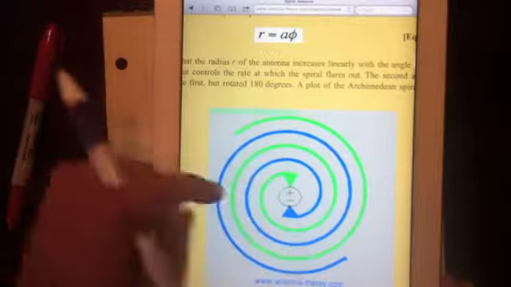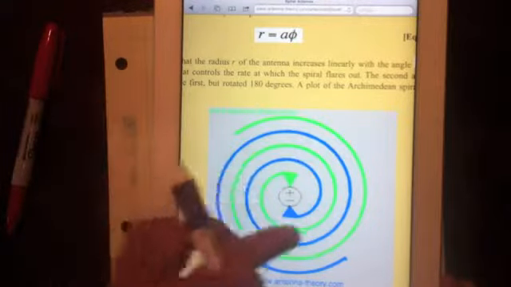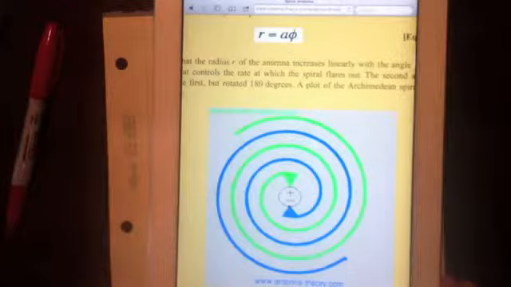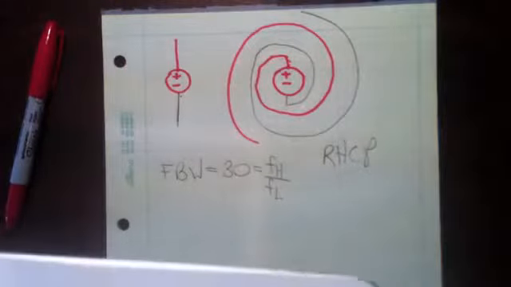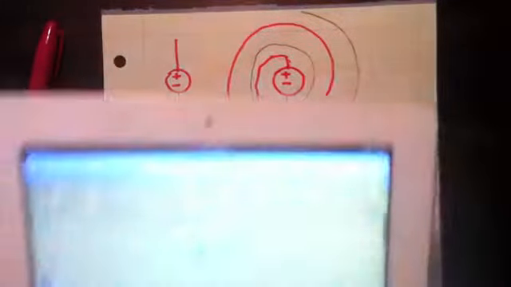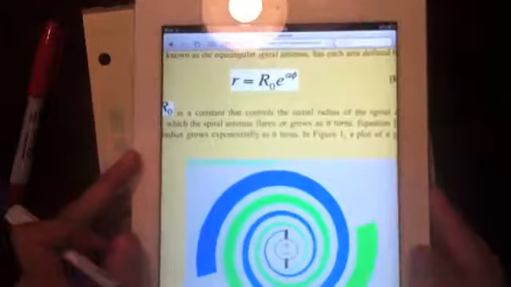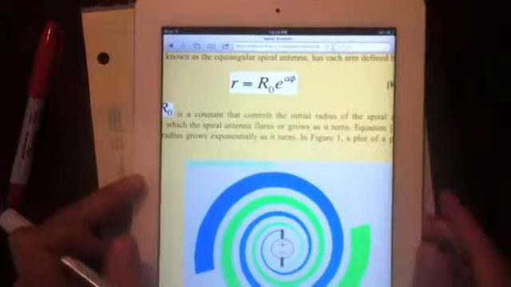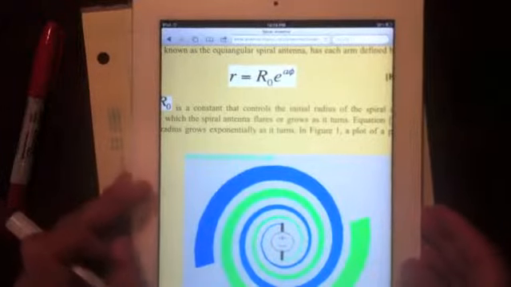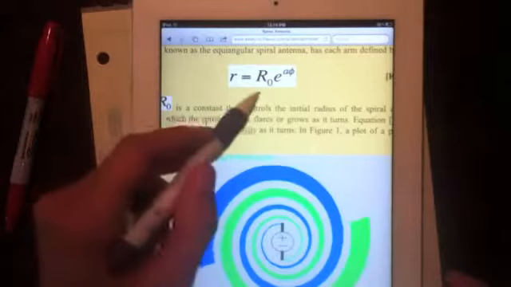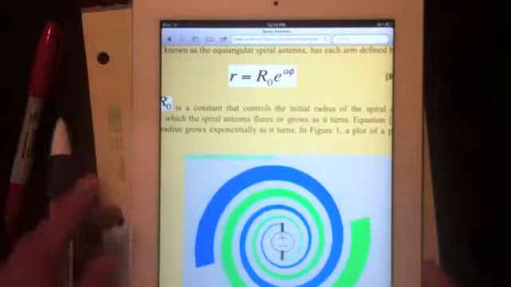Once we have the function or plot of our spiral antenna, we can figure out some of the radiation properties just by looking at it. So first we look at this minimum radius R0, and that'll determine actually the highest frequency. So in here, R0 is this minimum radius where it starts to spiral.